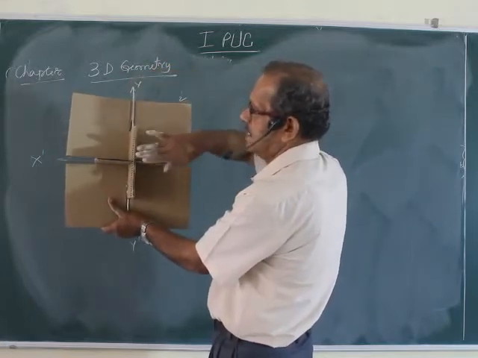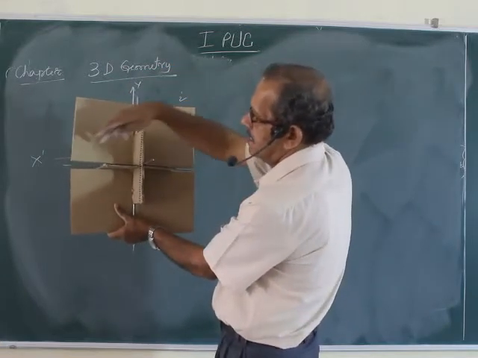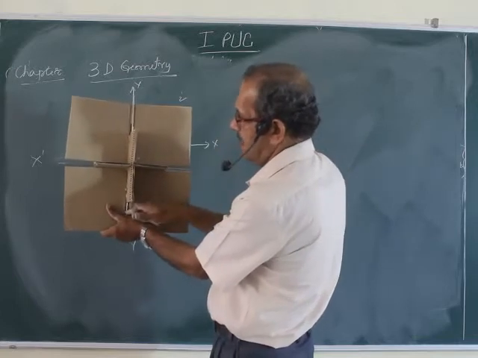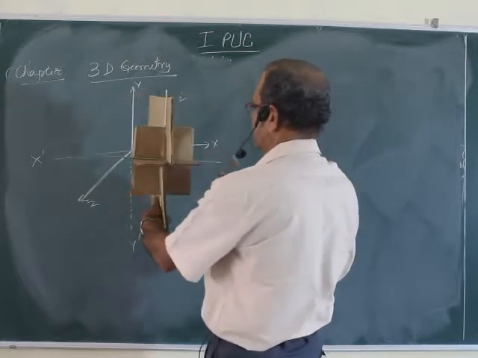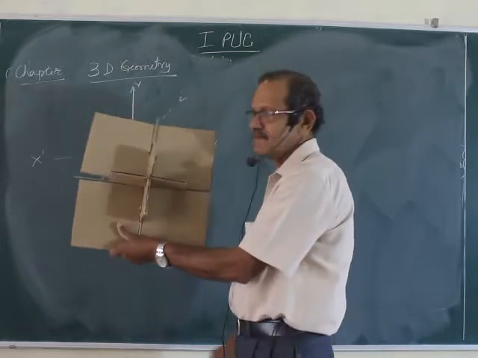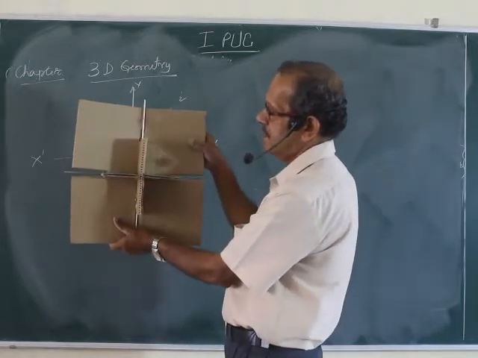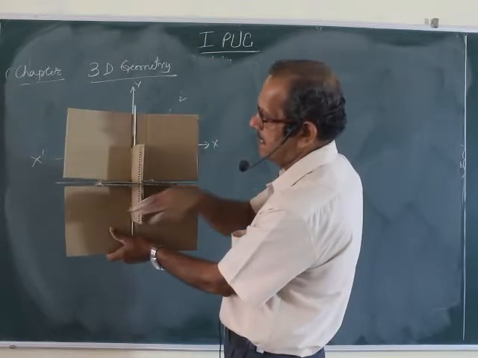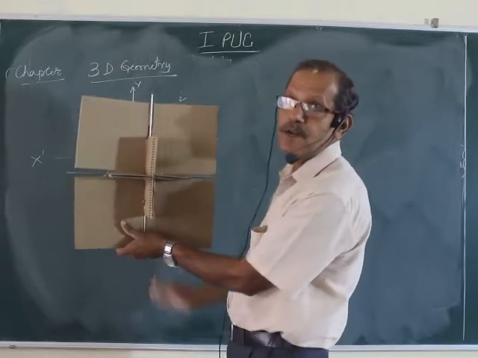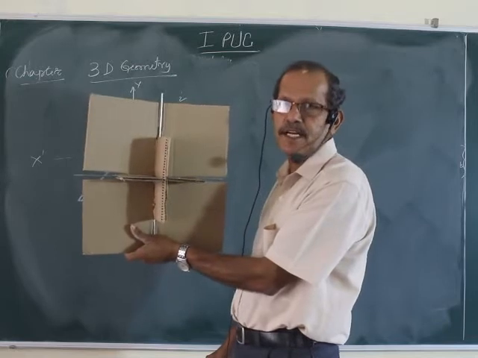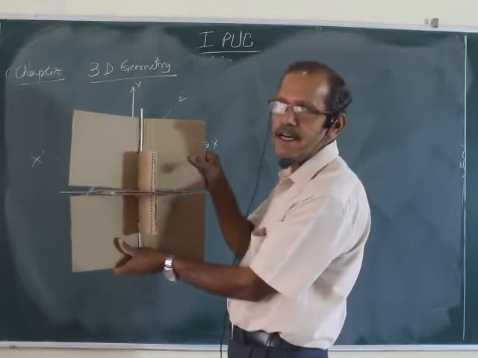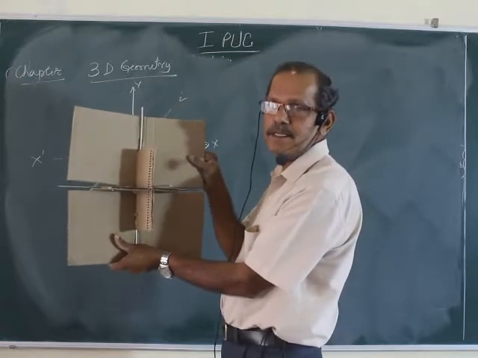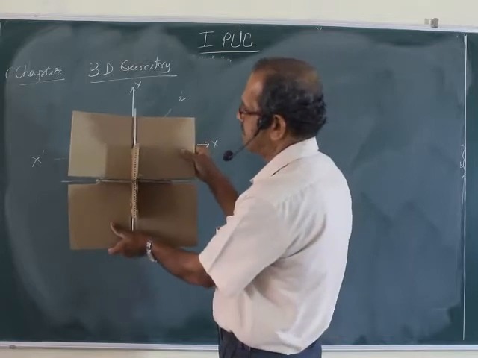Y-axis, Z-axis. Negative X-axis, negative Y-axis, negative Z-axis, it is here. So it looks like a chamber, see, first chamber, second, third, fourth. Similar to that one, 4 more on the back side. Totally there are 8 chambers, octants.